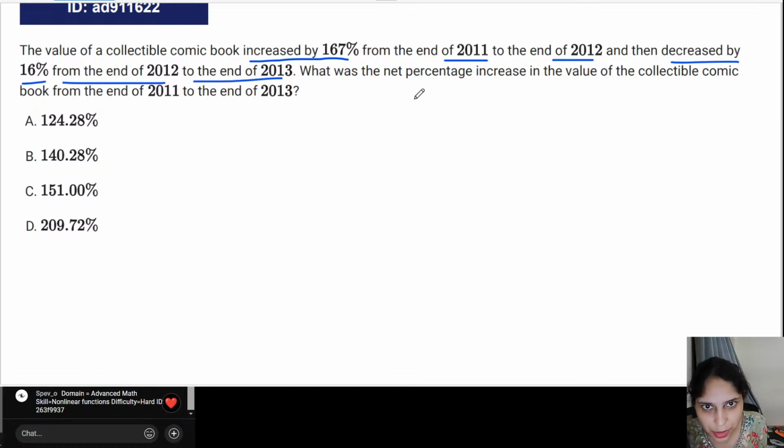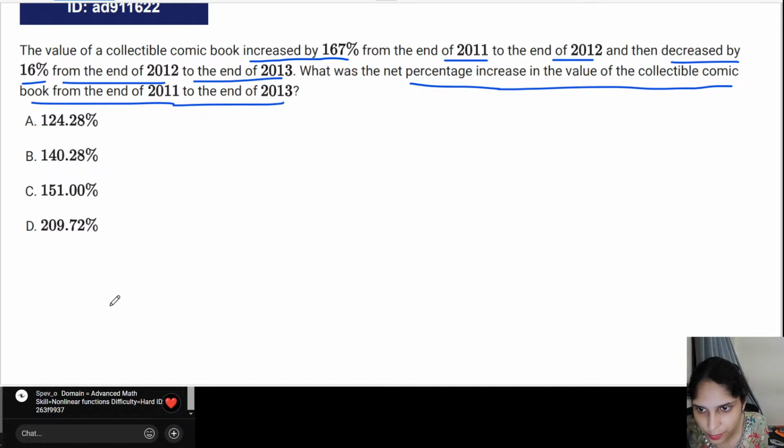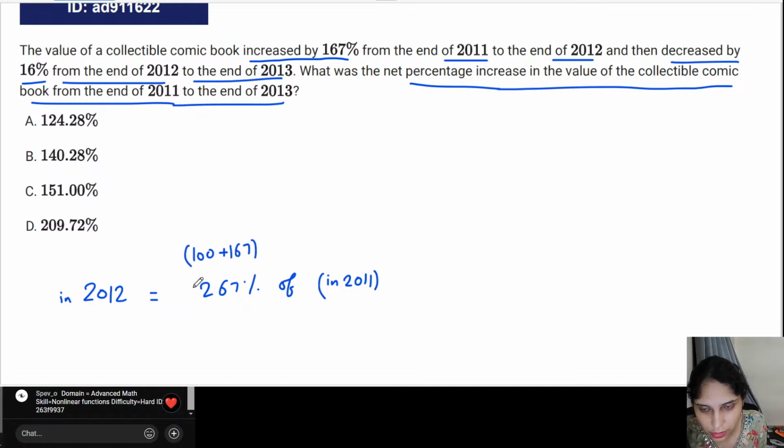What was the net percentage increase in the value of the collectible comic from 2011 to 2013? So 2012 is going to be 267% of 2011, because a 167% increase means 100 plus 167.